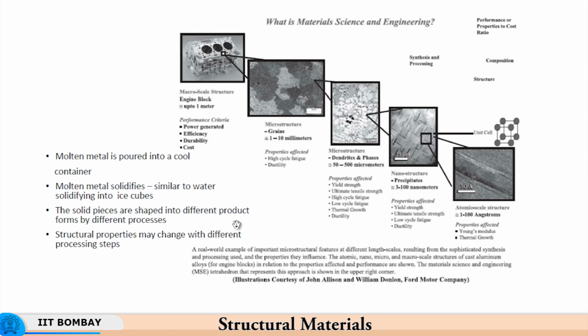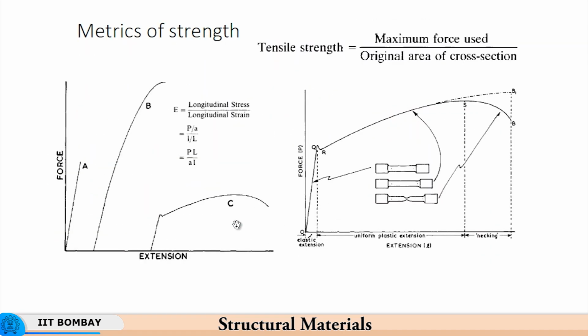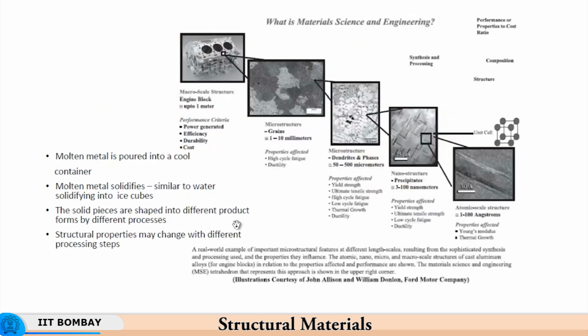So we saw in three graphs earlier the same material but different structures, different arrangement of atoms, and this different arrangement of atoms has led to different ranges of strengths in the material.